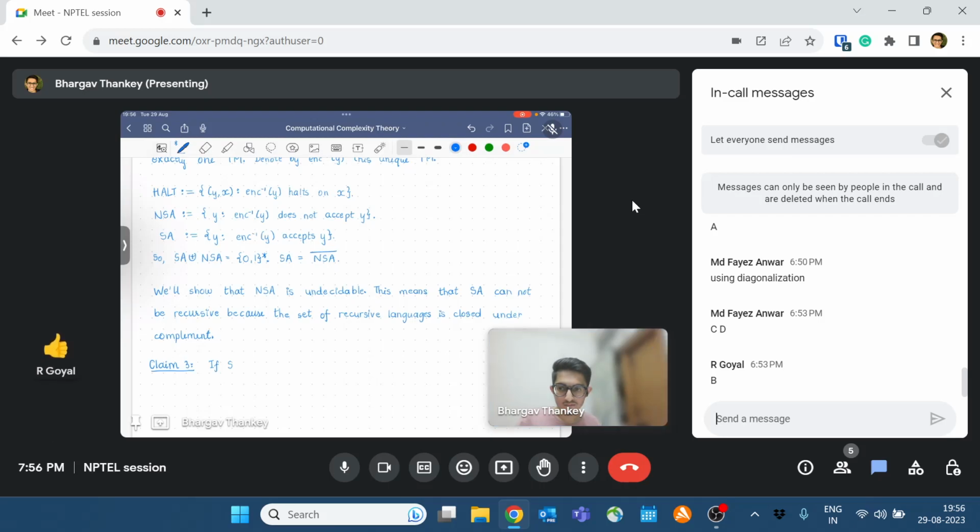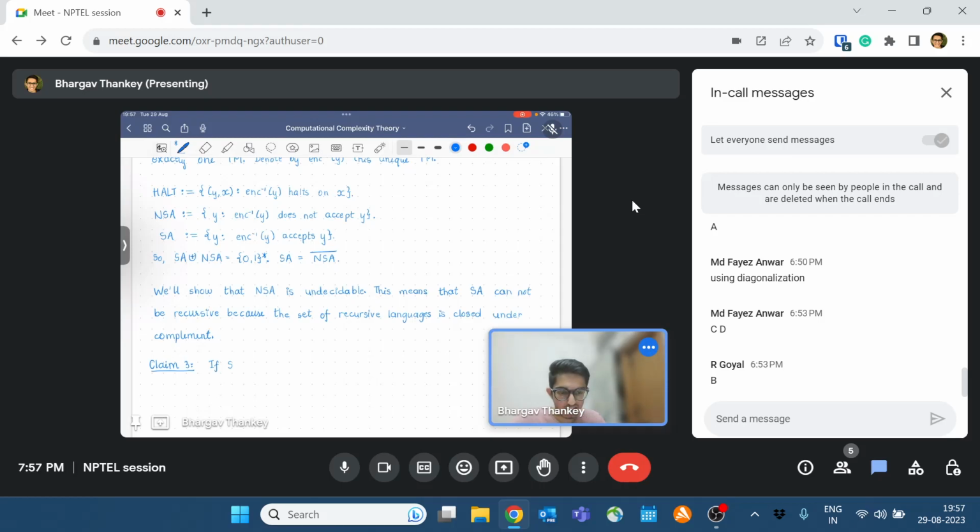Could you just brief why? Okay, so suppose SA were recursive. Then what does that mean? If so, SA has a halting Turing machine deciding it, right? So take a string y. Using a halting Turing machine M for SA, I'm going to consider a Turing machine M prime for NSA as follows.